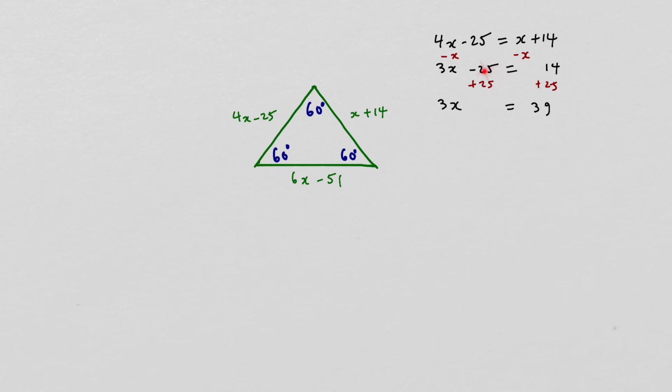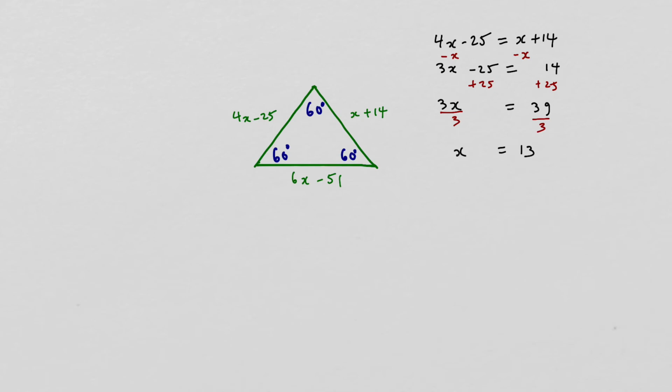The negative 25 and the positive 25 cancel each other out. Now we have 3x is equal to 39. To solve for x, we divide both sides by 3, and we get x is equal to 13.